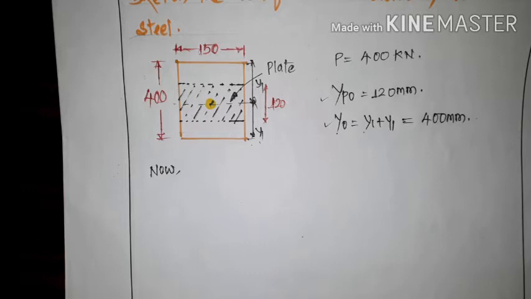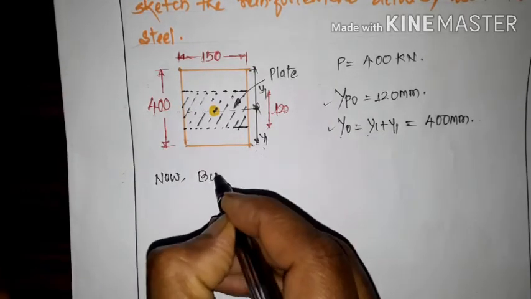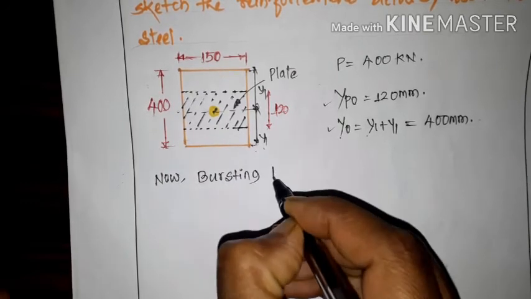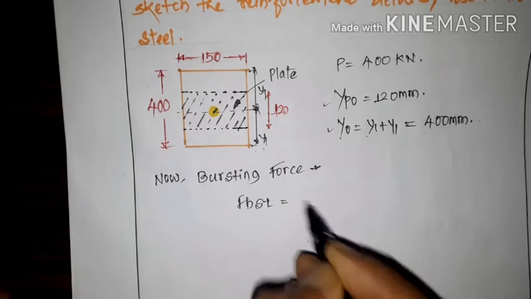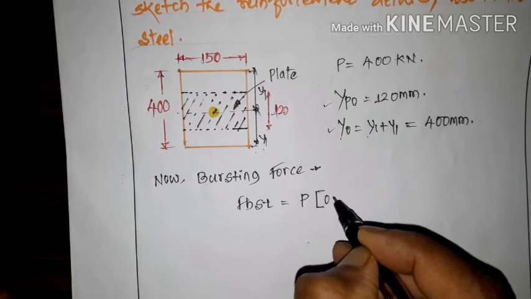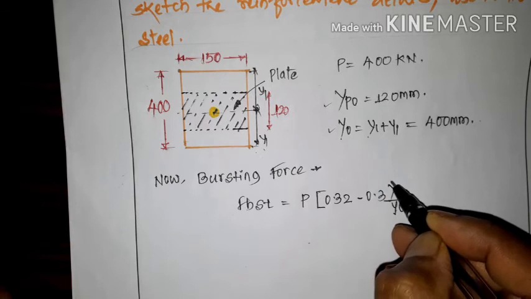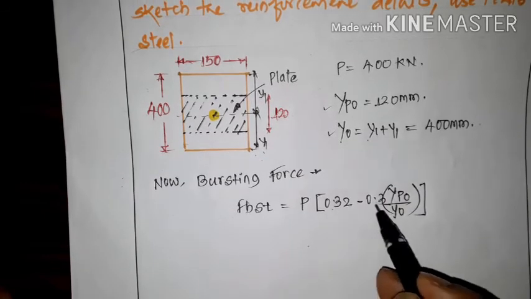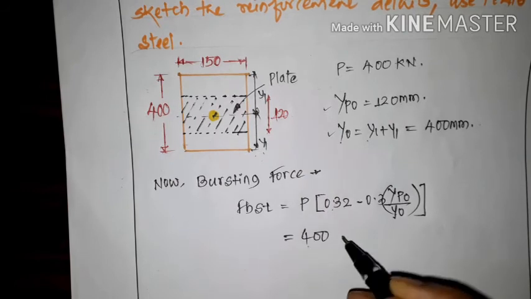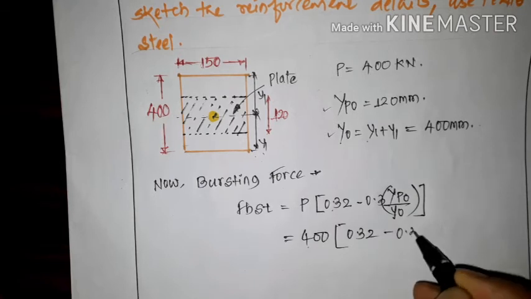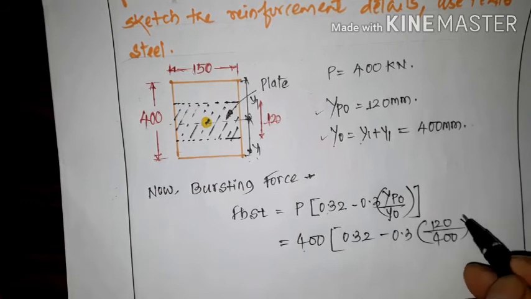The bursting force is given by FBST is equal to P into bracket of 0.32 minus 0.3 into yp0 upon y0. Here P is given as 400 kN into bracket of 0.32 minus 0.3 into yp0 is 120 and y0 is 400 mm.